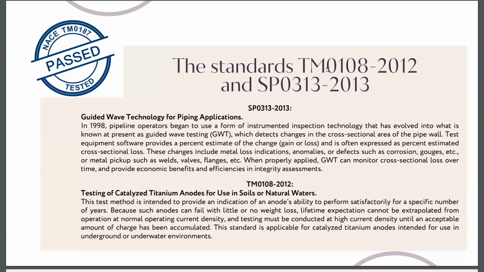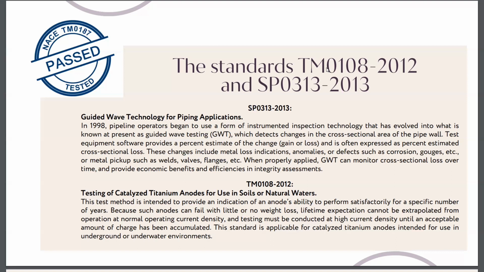The last NACE standard is testing of catalyzed titanium anodes for use in soils or natural waters. This method is intended to provide an indication of an anode's ability to perform satisfactorily for a specific number of years, because such anodes can fail with little or no weight loss.